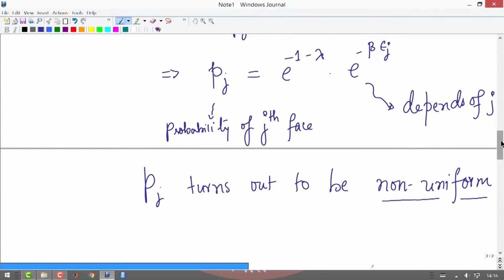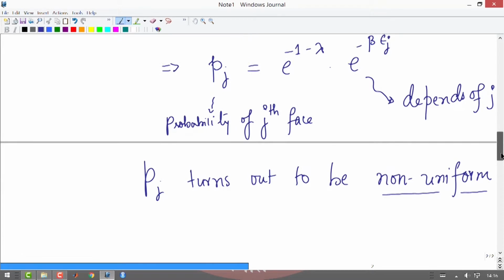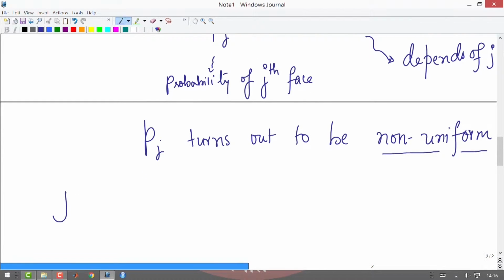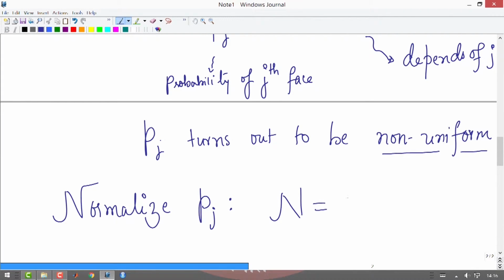Our Pj is not yet normalized as can be seen. So, we will simply normalize Pj, and to normalize this P of j I need to find a normalization constant, which is nothing but summation over all j's of P of j.